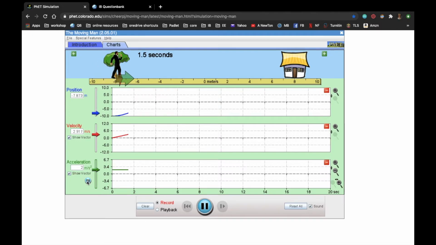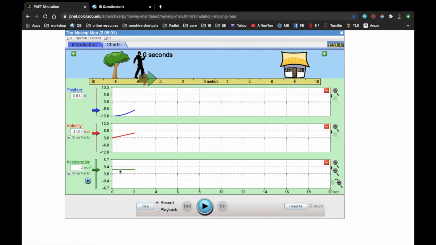Since there is acceleration, now the man's speed is changing. The magnitude, the size of his velocity, changes by 2 meters per second each second, which means in about 2 seconds, twice 2 meters per second, the velocity should have changed by 4, which is what we see.